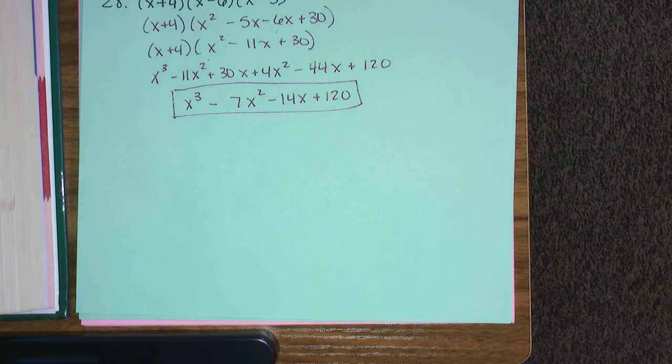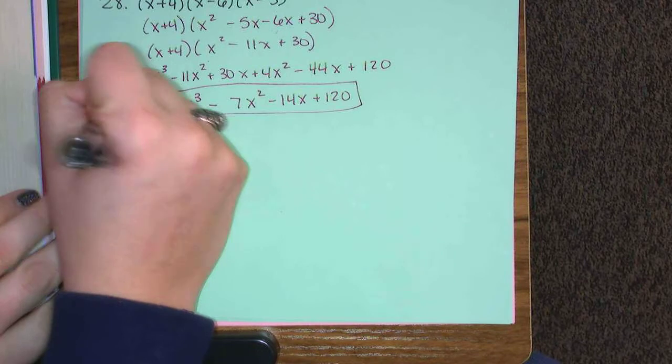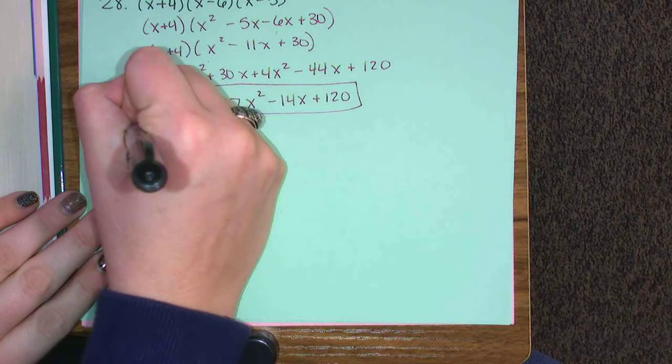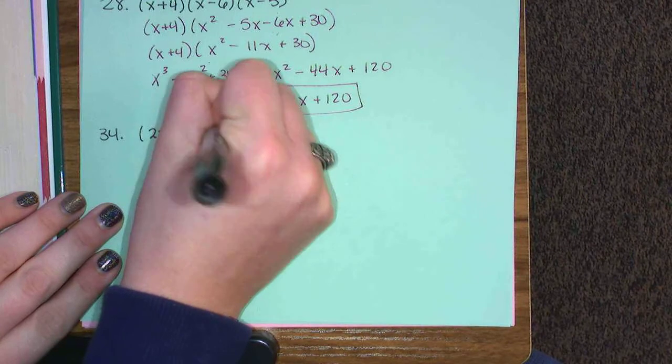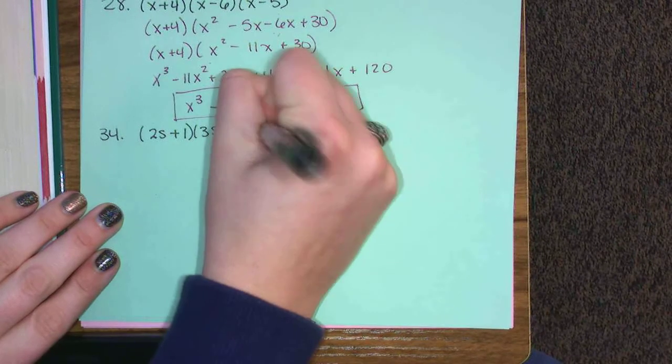All right, 34. 2s plus 1, 3s minus 2, 4s minus 3.